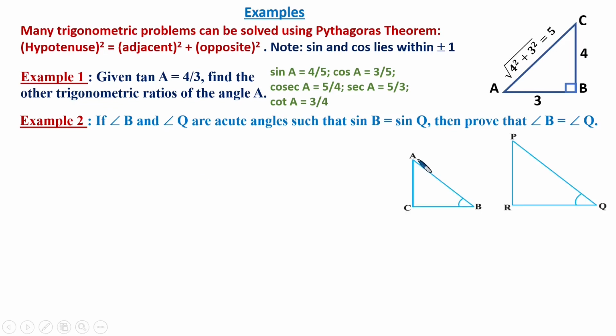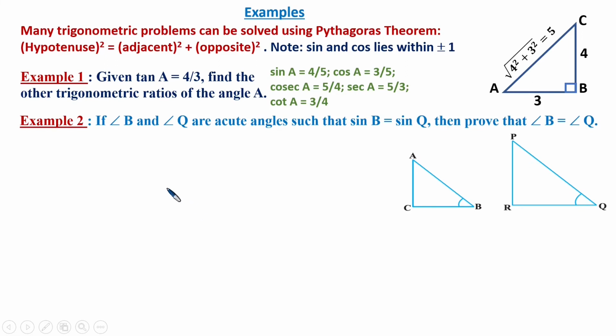So let us see. I take a triangle ABC and a triangle PQR. I assume these two are different triangles, and we have to prove that if sine B is equal to sine Q, then angle B is equal to angle Q. Since I have taken similar triangles, I know that AC by PR is equal to CB by RQ is equal to AB by PQ, or the other way around, PQ by AB is equal to PR by AC is equal to RQ by CB.